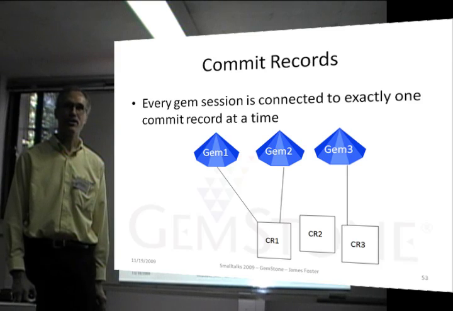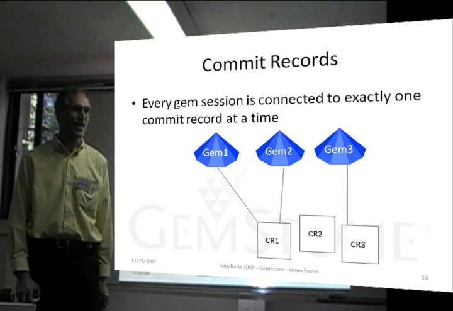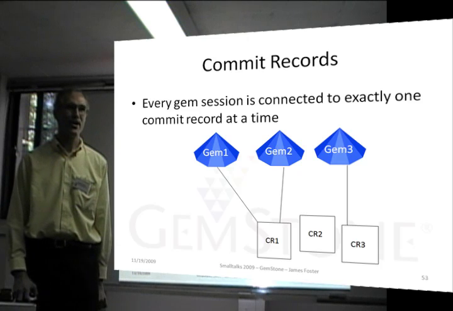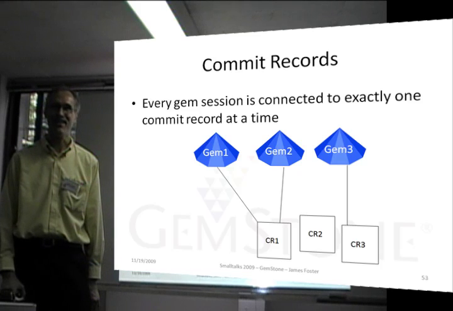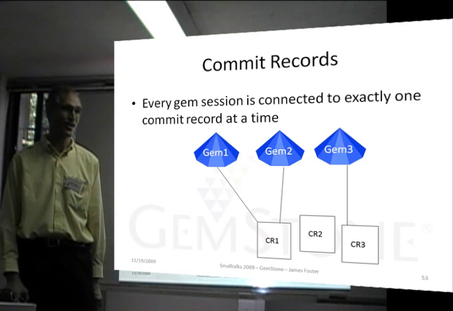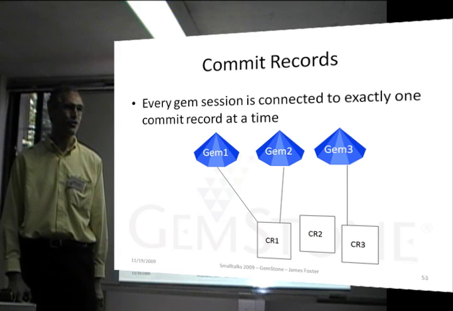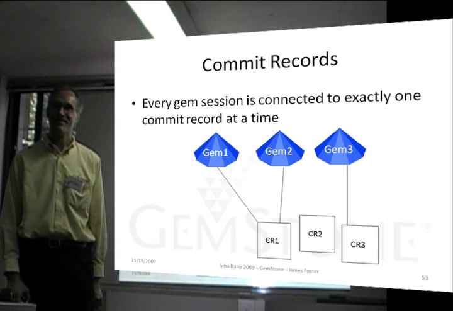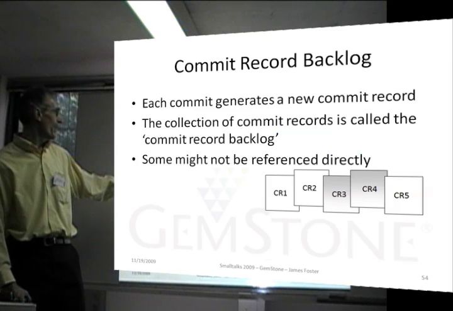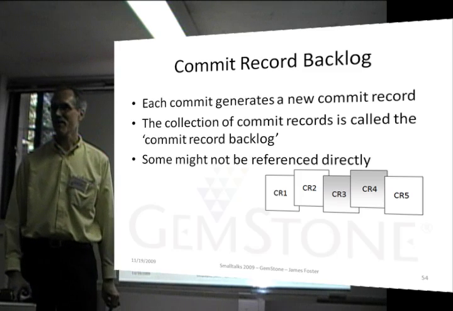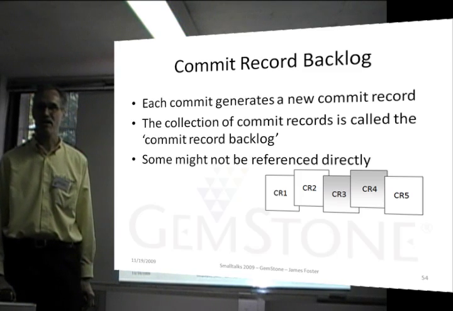If you have 10,000 commits per second, then you need to be aborting; you can't hold a commit record for very long. You shouldn't have any transaction that's longer than a few milliseconds if you're going to have 10,000 commits per second. Commit record backlog is a problem. A big commit record backlog is a problem.